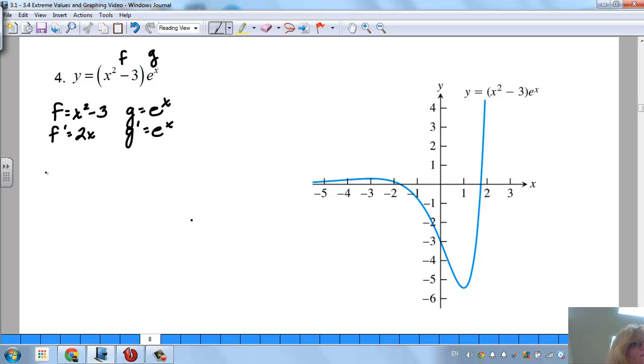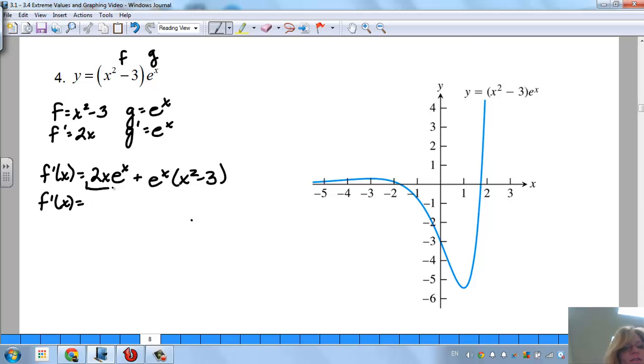So y prime, or f prime of x, is f prime g plus f g prime, so I'm going to put the e to the x in front. And then I'm going to do this in factored form. This is why I have you do this all year. This is a term here, and this is a term here. So I'm going to look and see what they have in common. They have e to the x in common, so I'm going to factor it out. So I have 2x plus x squared minus 3.